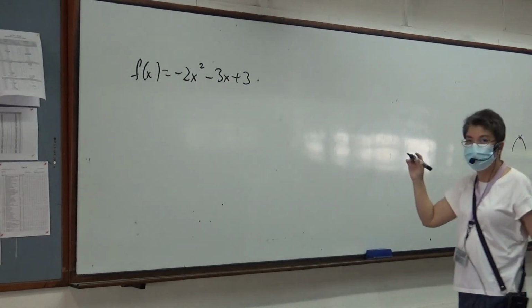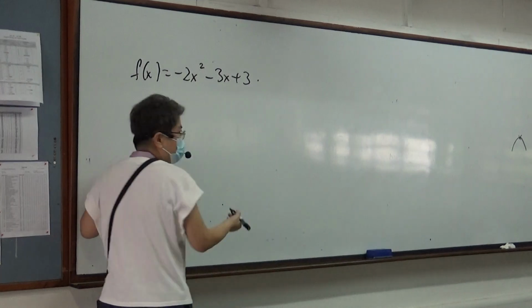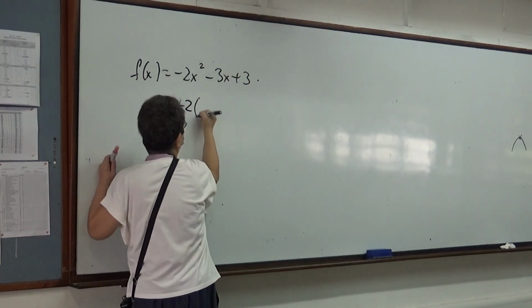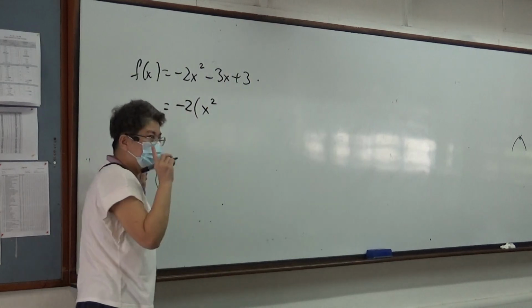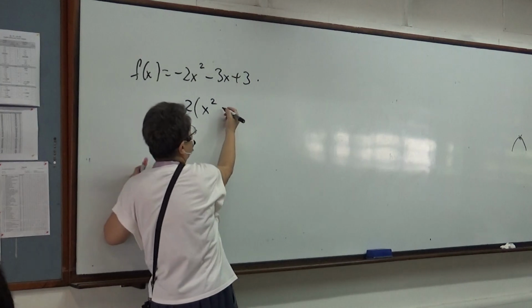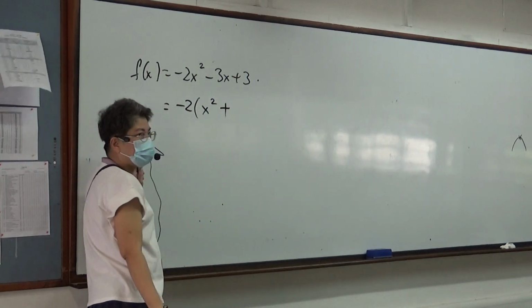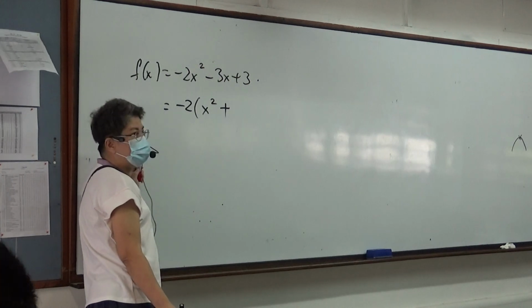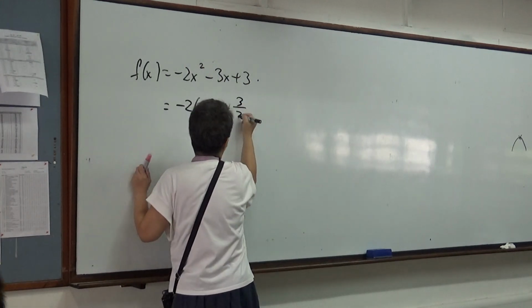Okay, now, how do we put it in completed square form? Whole class look up. I take out negative 2. x squared, now be careful, I want it correct. What is this? Plus what? I take out negative 2, plus what? 3 over 2 x, right?